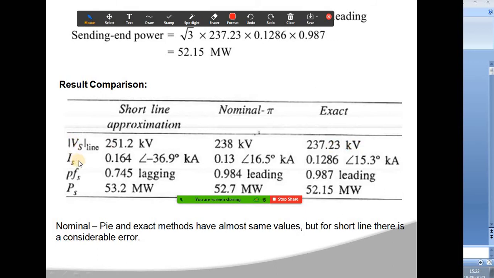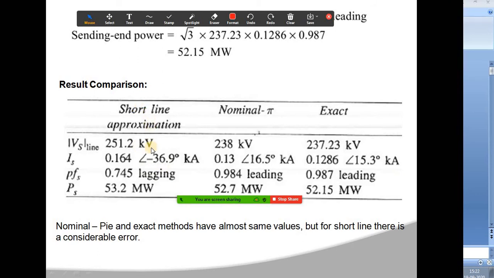The sending end current for the short line approximation is 0.164 at an angle of 36.9 degrees, in kiloamps. For nominal pi it is 0.13 at an angle of 16.5 degrees, and for the exact solution it is 0.1286 at an angle of 15.3 degrees, in kiloamps.